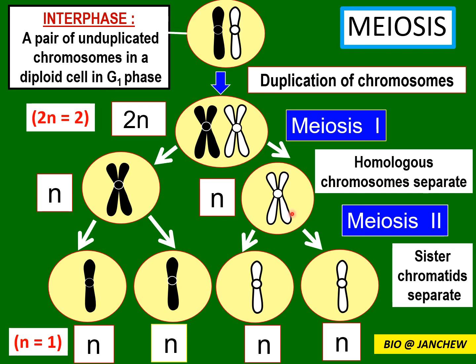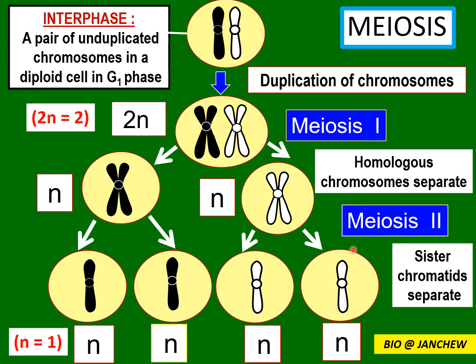We say there's only 1 copy of each chromosome in each cell, so this is called the haploid condition. From the diploid condition, the cell has now become haploid in the first nuclear division, or meiosis 1.